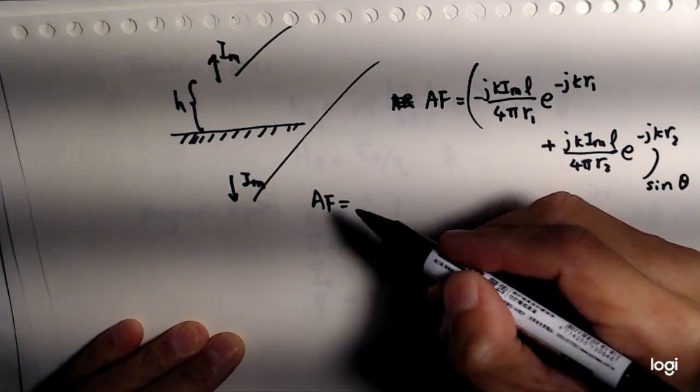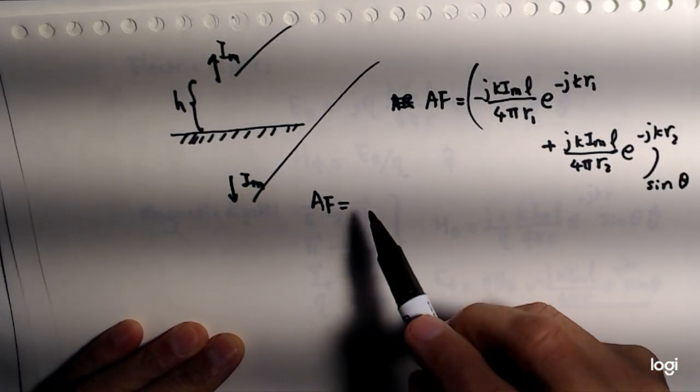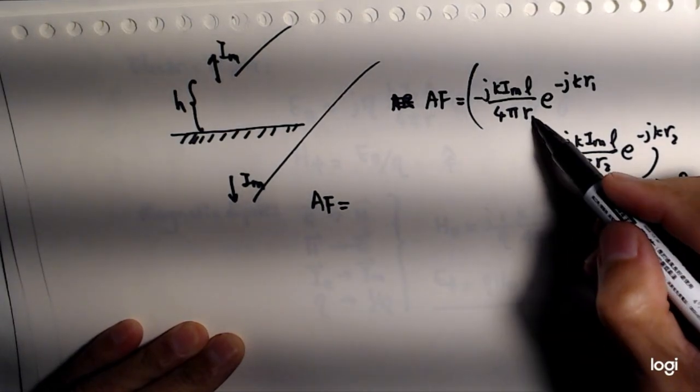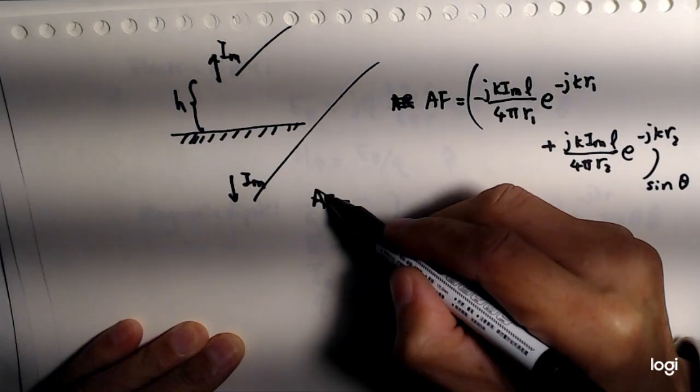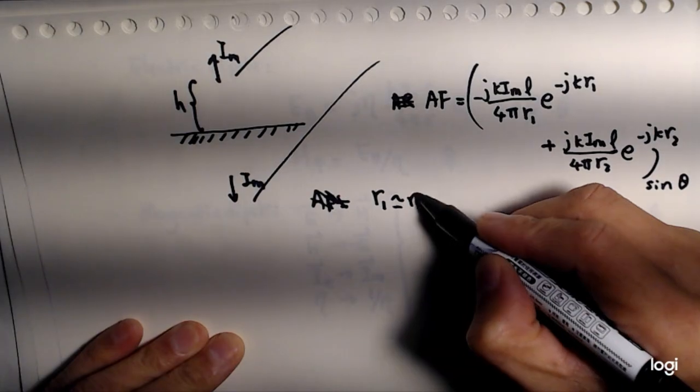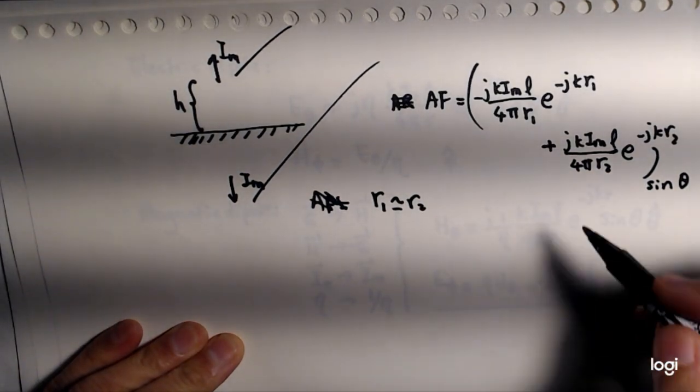And first of all, R1 and R2 will be more or less equal in terms of magnitude approximation.